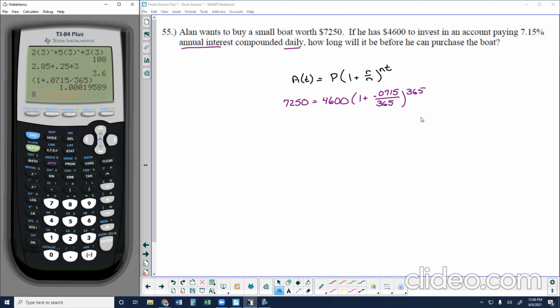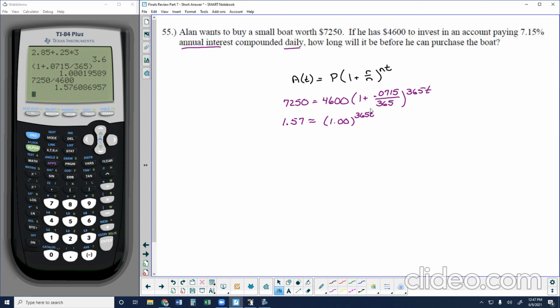So if I want to solve for the exponent t, I want to get t by itself. So the first thing I'm going to do is divide both sides by 4,600. And this is going to give me a decimal that I'm going to approximate, so 1.57. Now again, it's an approximate decimal. Eventually I'm going to use the decimal in my calculator.